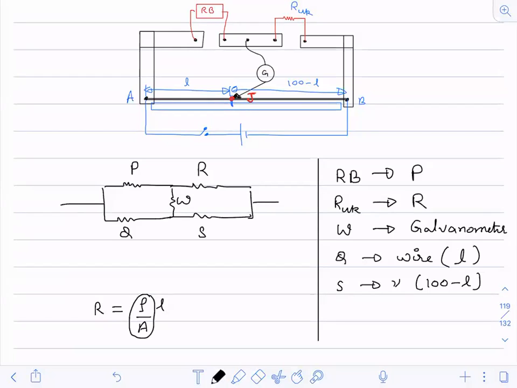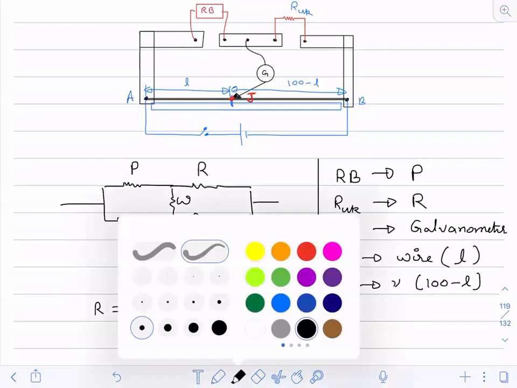So this wire from here to here is one complete resistor, and then after this we have this resistor. So this is the second resistor. Understood? So I have two resistors here now.